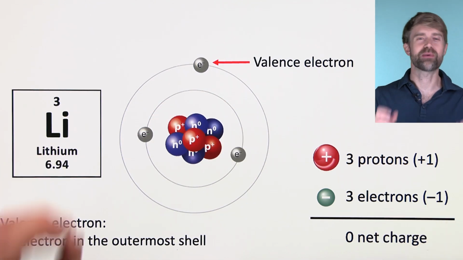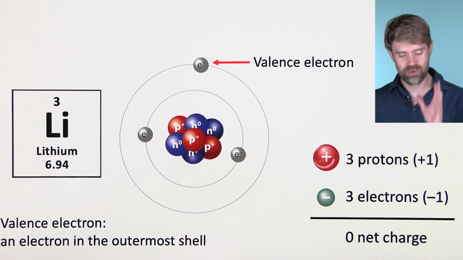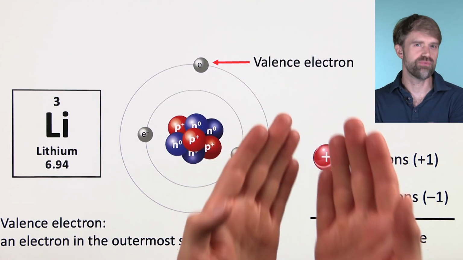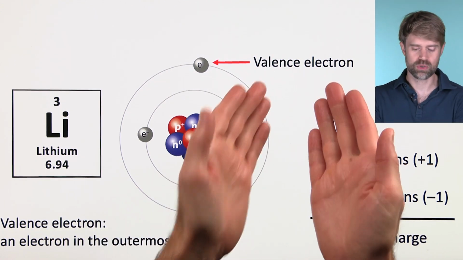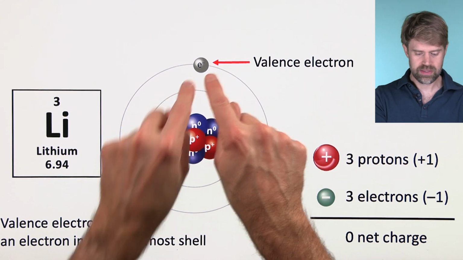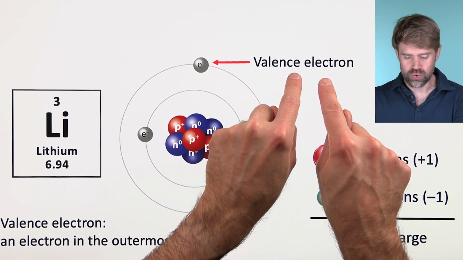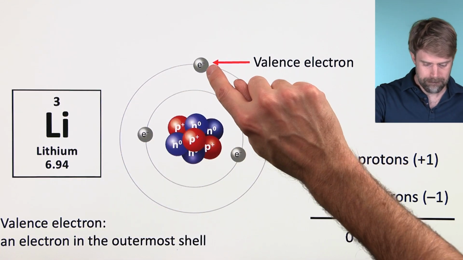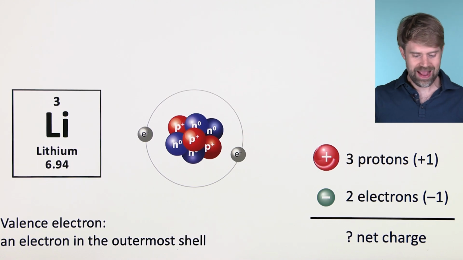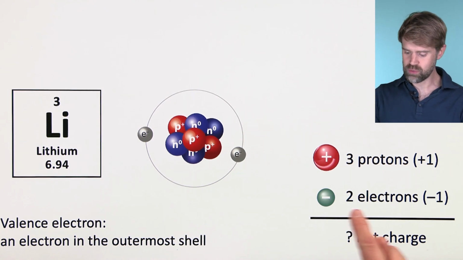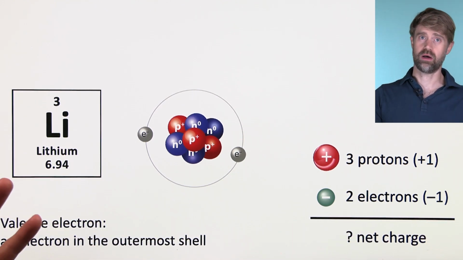You might remember from a previous video that this outermost electron is called a valence electron. And that's an important term, so we'll start using it here. The lithium atom likes to lose its valence electron. Boop, there it goes. And we're left with 2 electrons.